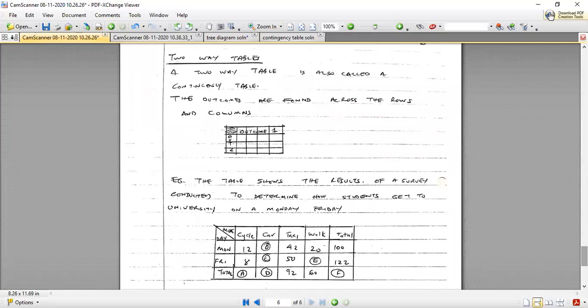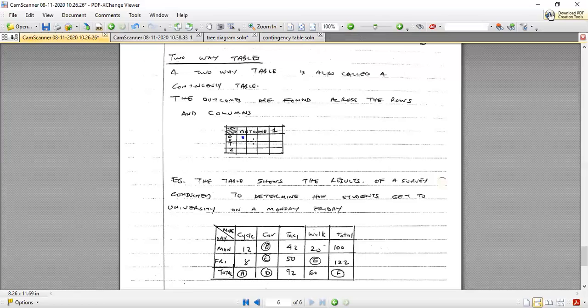Our last part in probability is what we call another way of representing compound events, which is to look at two-way tables, which is also called a contingency table. It is done as follows, and we have rows and columns. The outcomes are found across the rows and columns. So here we have outcome 1 and outcome 2.